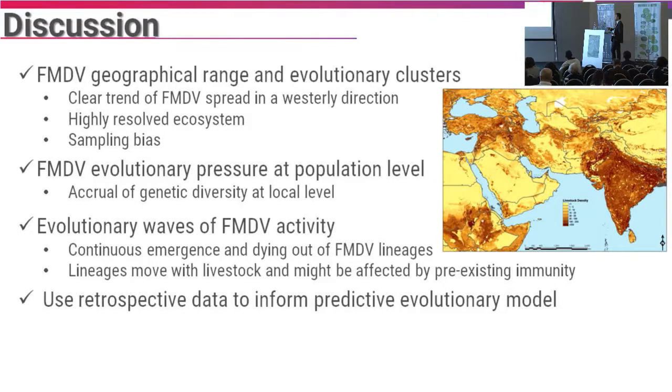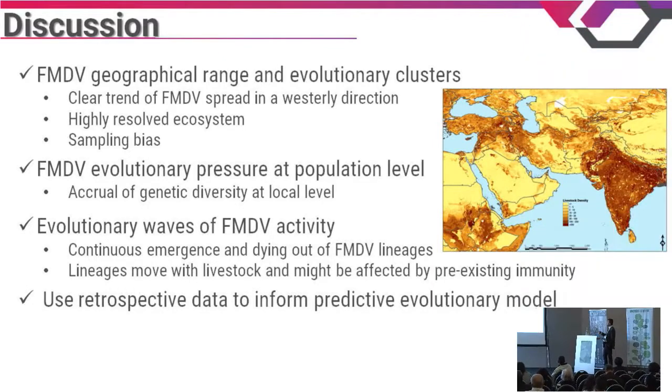With the persistence estimation, we can see that there is some evolutionary pressure at population level, driven by increasing genetic diversity, which can be driven by the local level of evolutionary dynamics, potentially given by densely populated areas, for example, in Pakistan with the Karachi dairy cattle system.